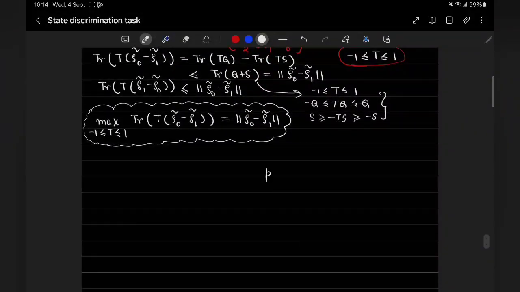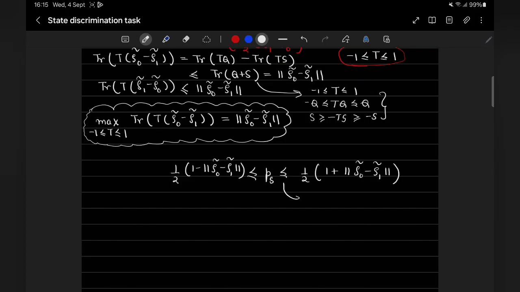So ps is less than or equal to half bracket 1 plus norm rho 0 tilde minus rho 1 tilde, and on the other side it is half 1 minus norm rho 0 tilde minus rho 1 tilde.